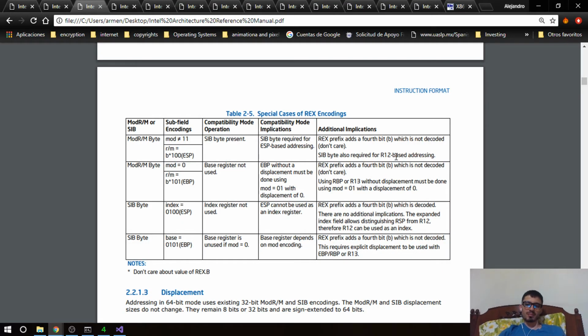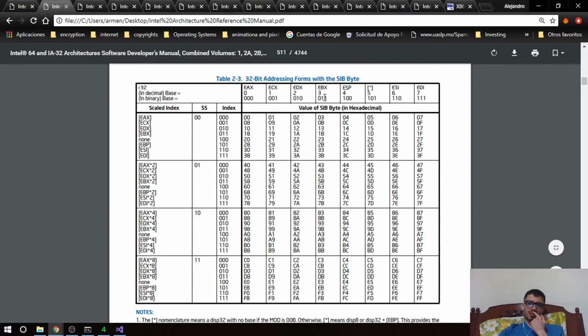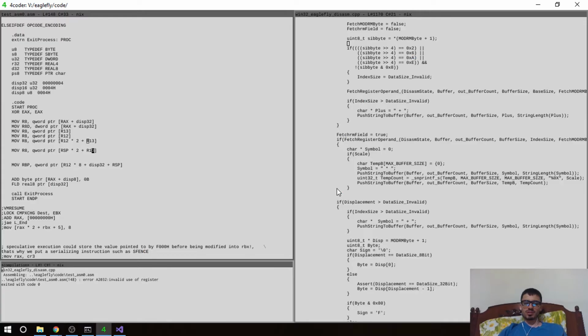When they say based addressing, do they mean like, it should go here, but the base is here? This is RSP or R12 in this case. So R12 is pretty much, I think that's possible. And RSP is just the same thing.